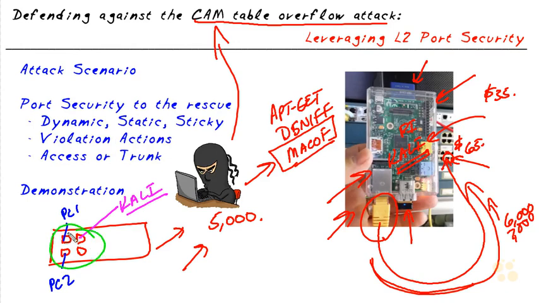So in this VLAN, as the switch forgets about PC1 and PC2 because of all the new MAC addresses it's learning from the Kali box, the traffic between PC1 and PC2, which would normally be switched at layer 2 based on the destination layer 2 addresses, is affected.